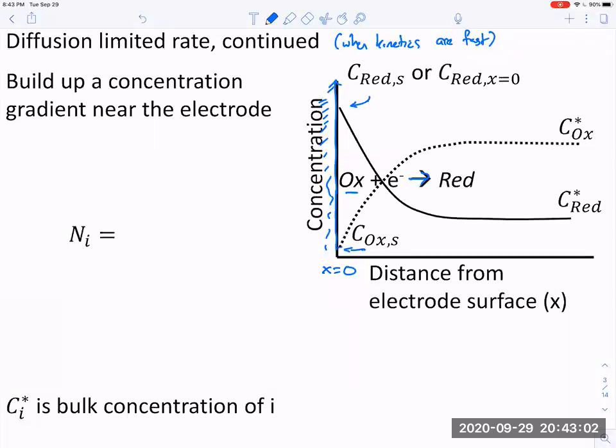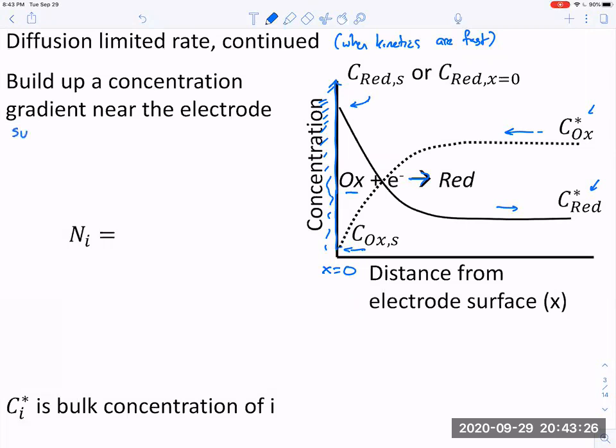But in the bulk there will be some bulk concentration of the reduced and oxidized species, and there'll be a gradient bringing the oxidized species in. The oxidized species is going to want to go in this direction. The reduced species is going to want to go in the opposite direction, along the gradient. So we built up this concentration gradient near the electrode.